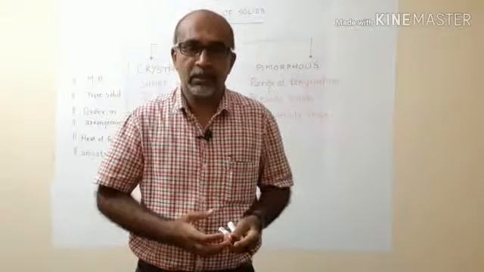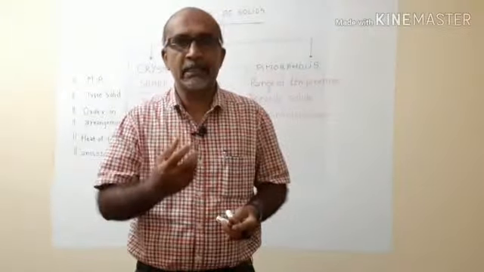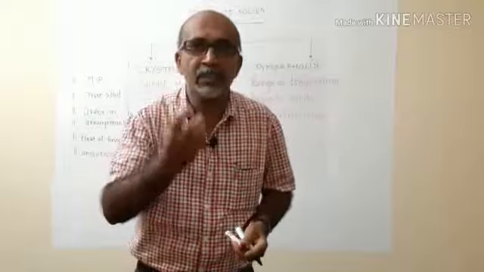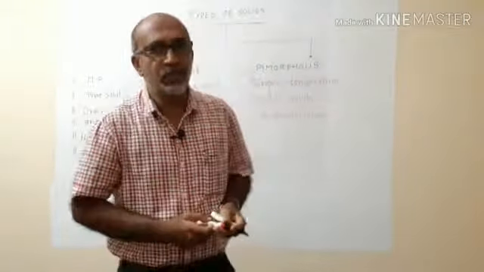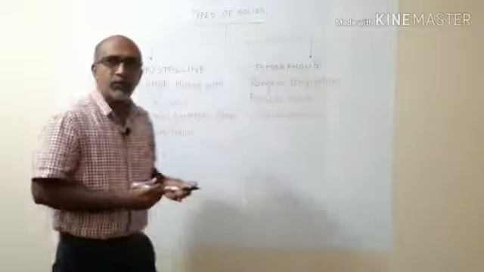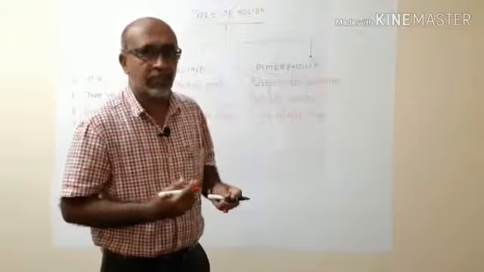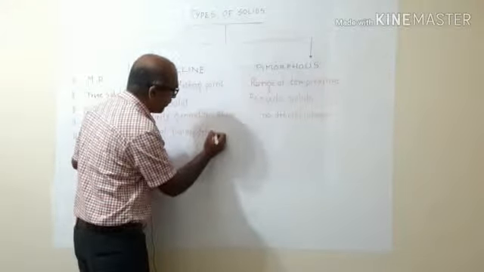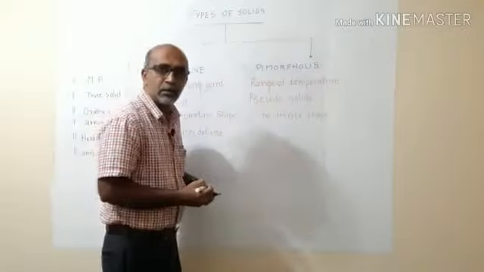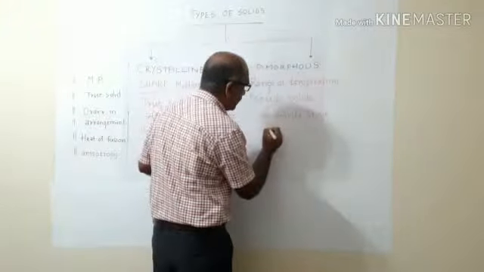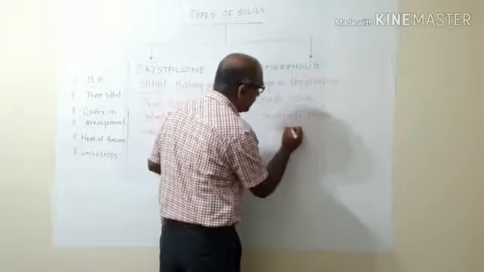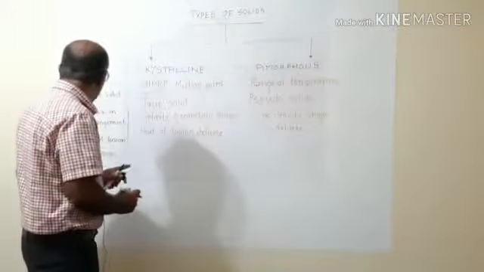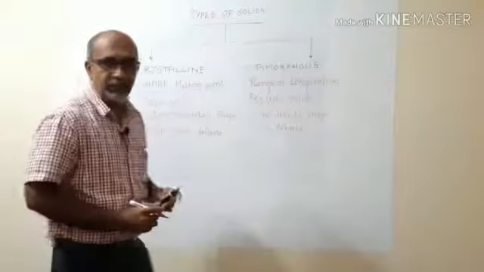For crystalline solids it is definite, and for amorphous solids there is no definite heat of fusion. Then the next character is called anisotropy.